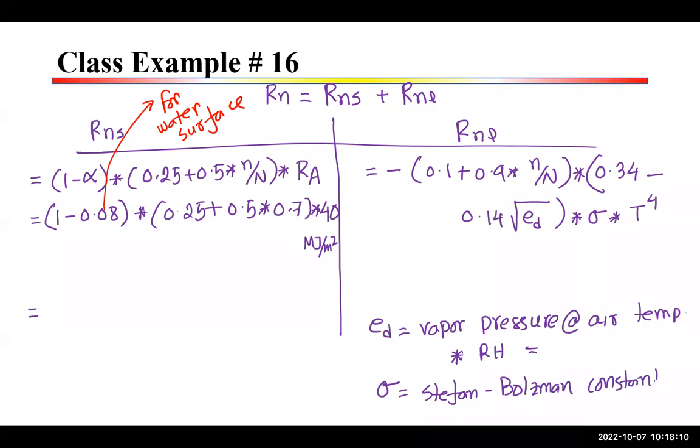He'll give me the value for that. And he is the what? Temperature, right? Now one thing, let's work with the Stefan Boltzmann constant first. What is the value for that? And what is the unit for that?